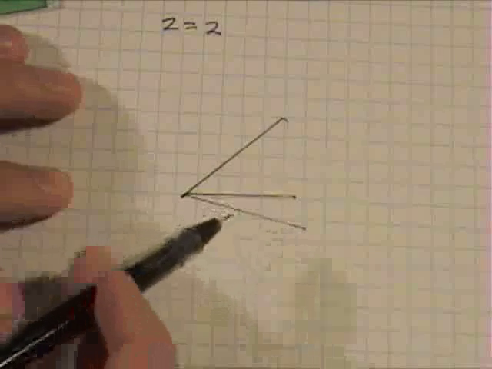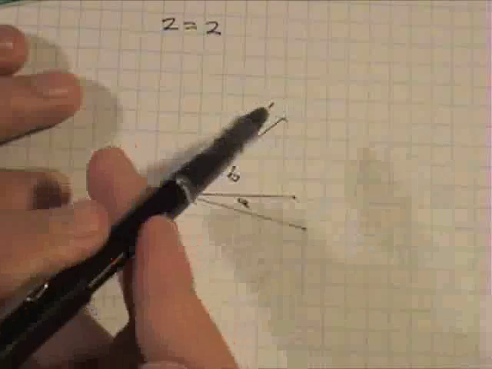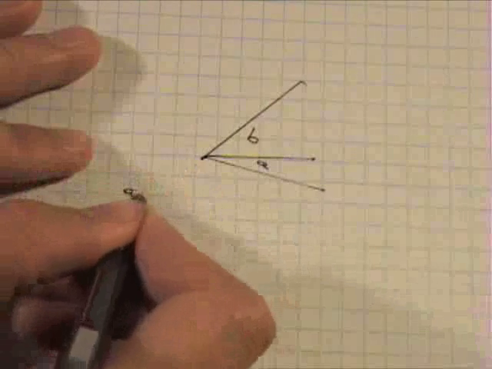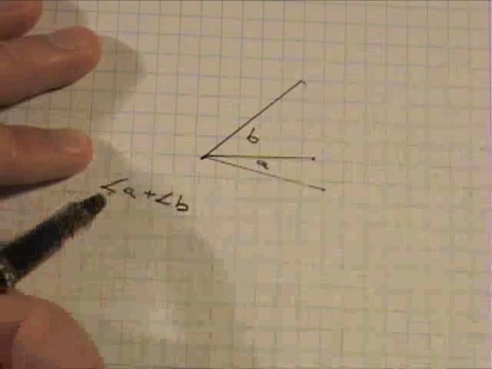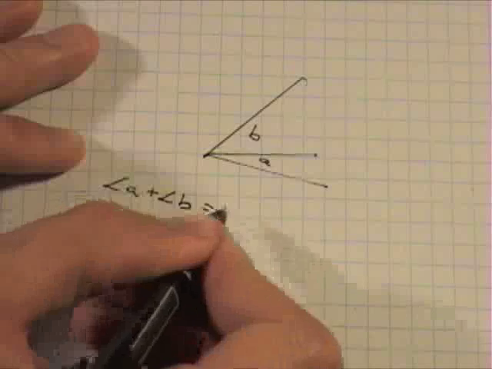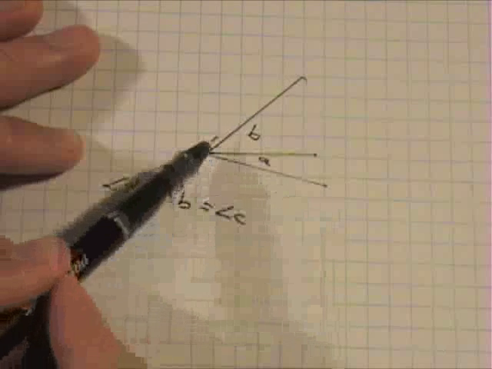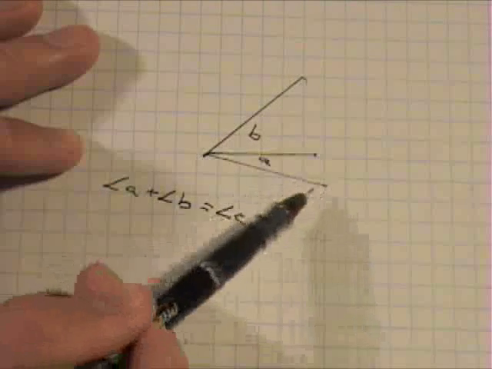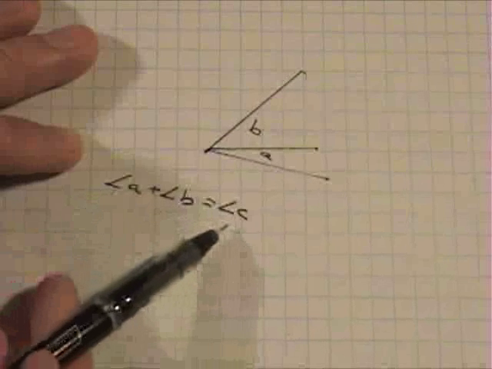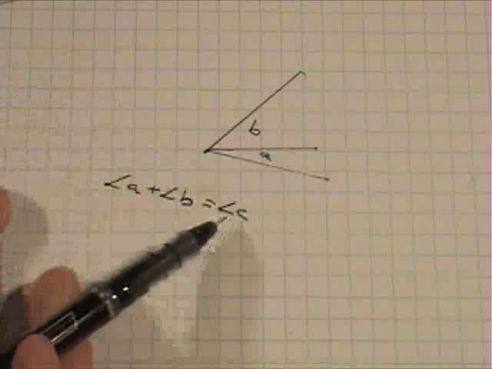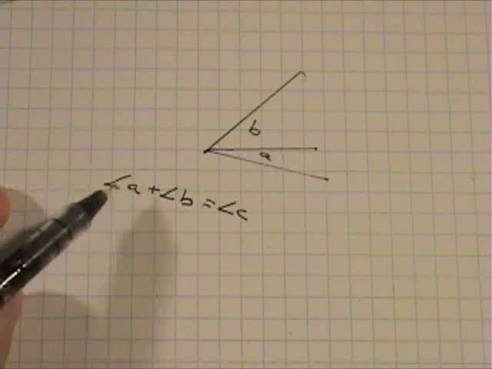And let's say this small angle here is angle A, and this bigger one is angle B, and then both of these combined, so angle A plus angle B equals the larger, which is the combined one, and we'll call that one C. So this is angle C, the big one that combines both of them. If this is true here, then C is bigger than either angle B or angle A.